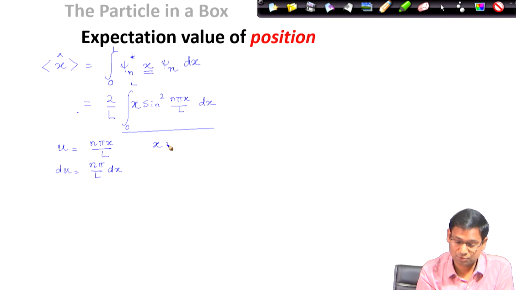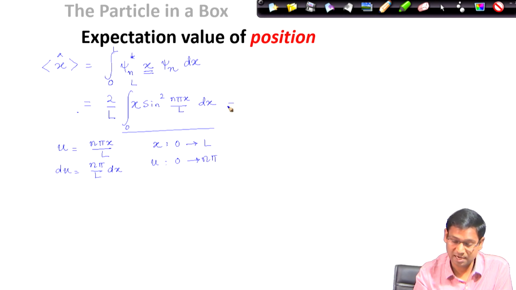When x goes from 0 to L, u would go from 0, since x is 0, and when x is L, u will become n pi L by L, so n pi.